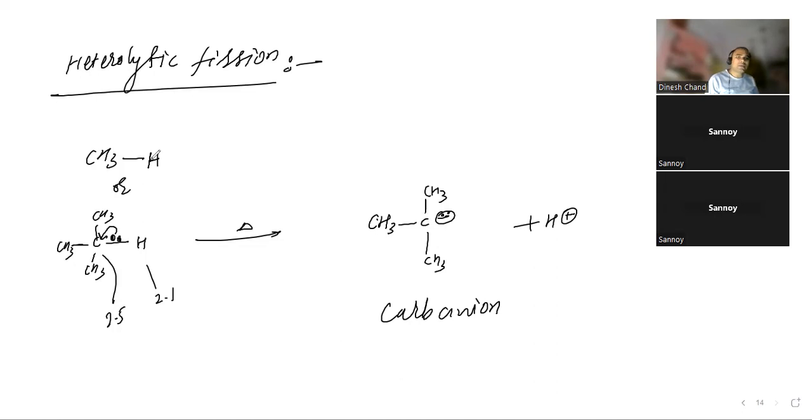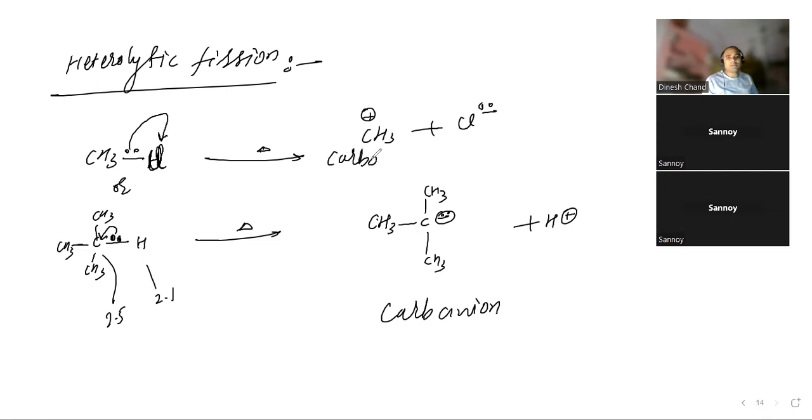Now let us see this one. Suppose I am making this one Cl. Which has the higher electronegativity, carbon or halogen? Here you are supplying heat, not sunlight, so both the electrons will go on the chlorine. It will form CH3 plus. This is called a carbocation. Both the electrons go on the more electronegative atom. Carbon is less electronegative, chlorine is more.